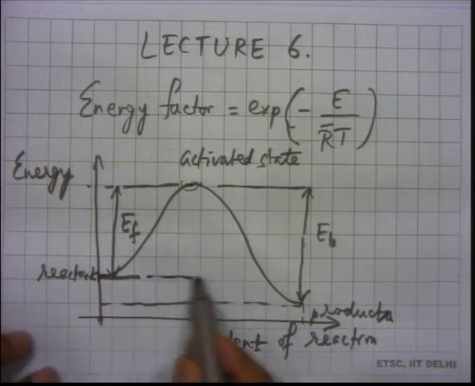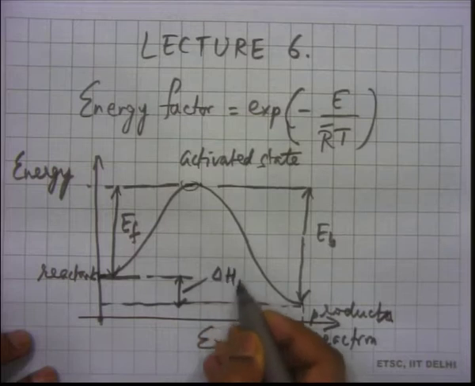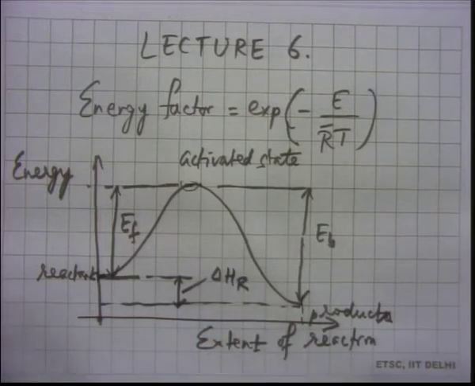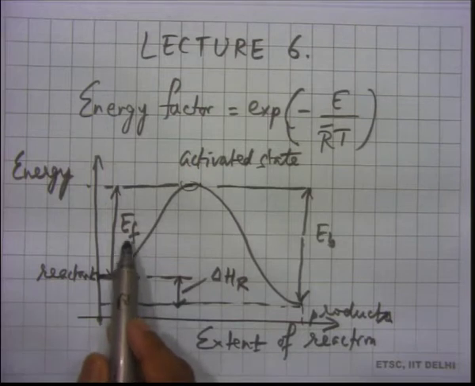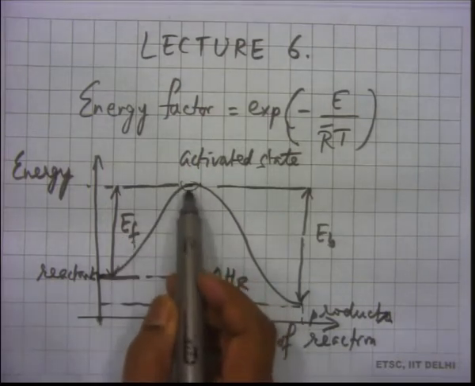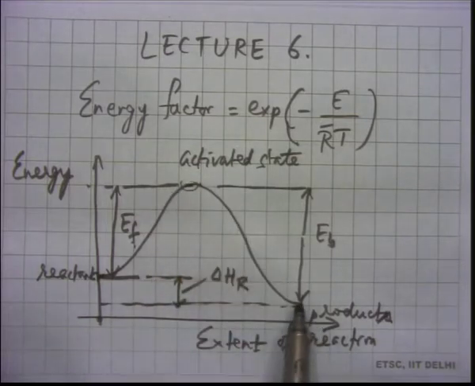And if you take the difference between these two energy levels, you get what is known as delta HR, the enthalpy of reaction. Okay. So, you need to give reactants a certain amount of activation energy. Reactants need to cross this activation energy for forward reaction to be able to go to the activated state, and once they go to the activated state, then they can cross over to the products.